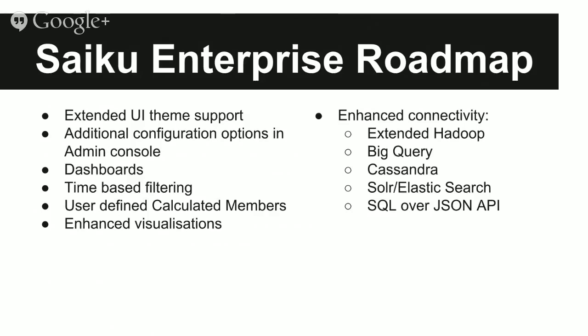Along that, obviously, people also want to know the roadmap, because adding just a schema designer and Mongo interface isn't necessarily a deal clincher. So looking at Saiku Enterprise going forward, we're certainly looking to enhance the user interface, the ability for people to customize the user interface to match their corporate colors, corporate logos, corporate branding.